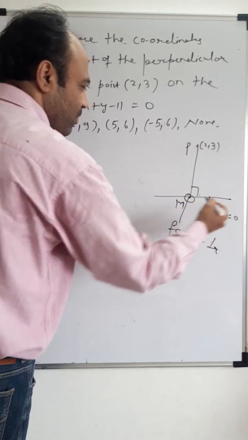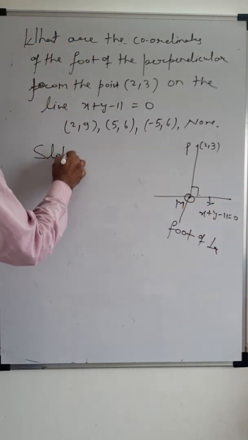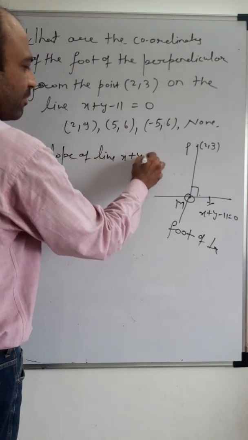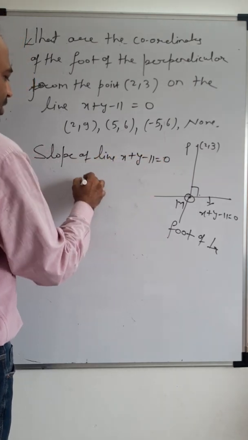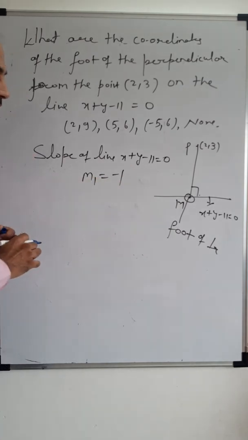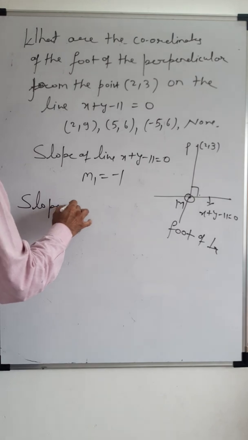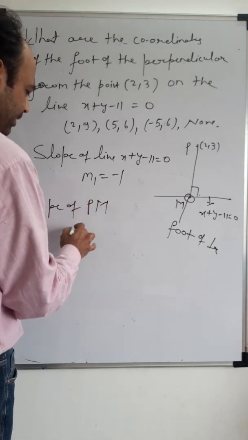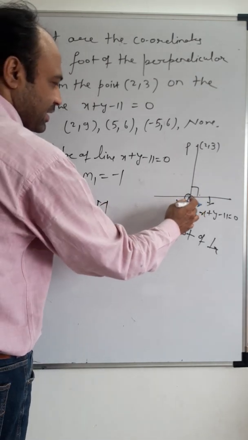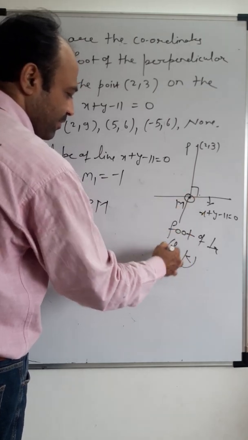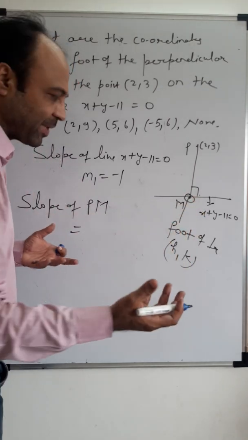First we'll get the slope of the line x + y - 11 = 0. The slope came -1. We'll get the slope of PM also. Take the foot as (h, k).